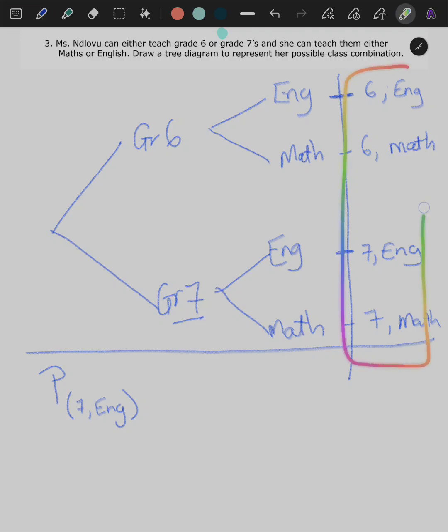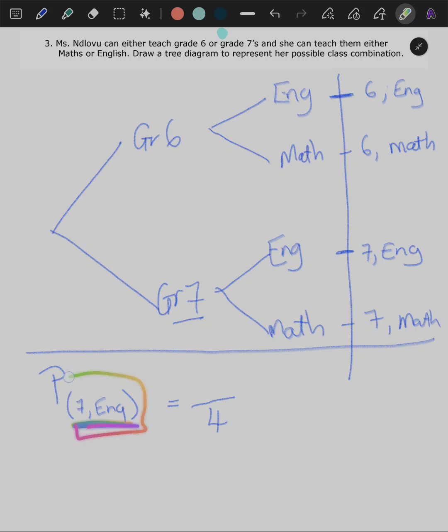We're going to say, how many options are there altogether? Well, we've got 1, 2, 3, 4. The number of options is my denominator. Then we say, how many of them fulfill this condition of grade 7 and English? The only one that does that, there's only 1 over there. So my probability is 1 over 4.